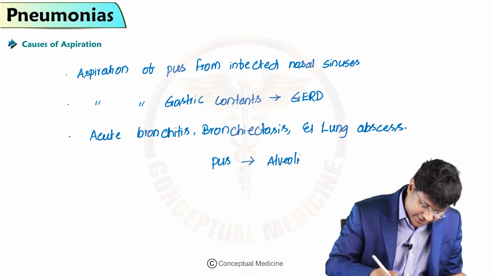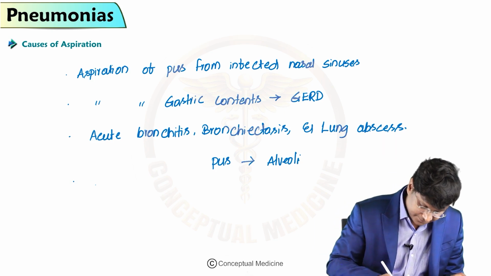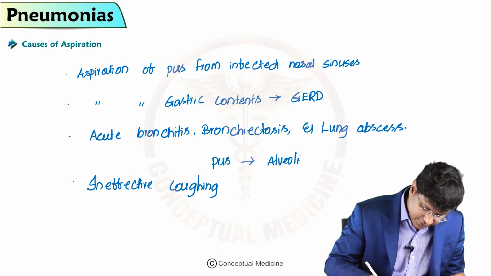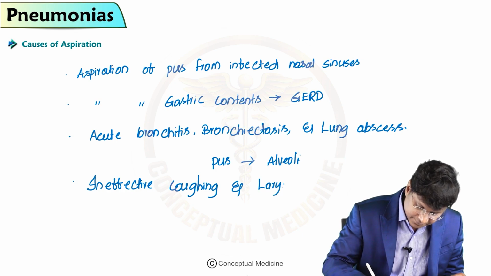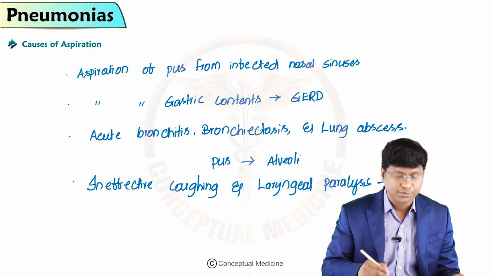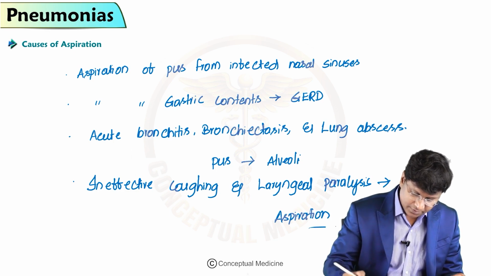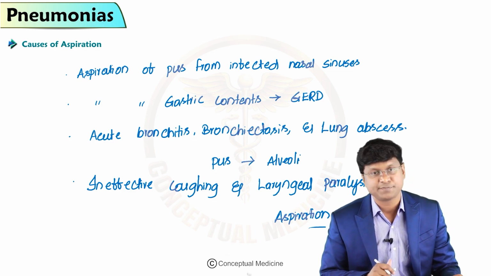And fourth, ineffective coughing and laryngeal paralysis. This will predispose to the aspiration. Okay, these are the causes of the aspiration and development of aspiration pneumonia.